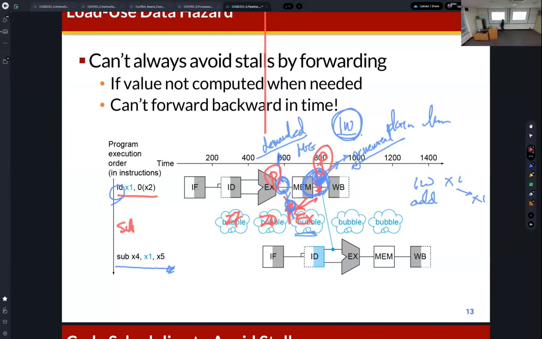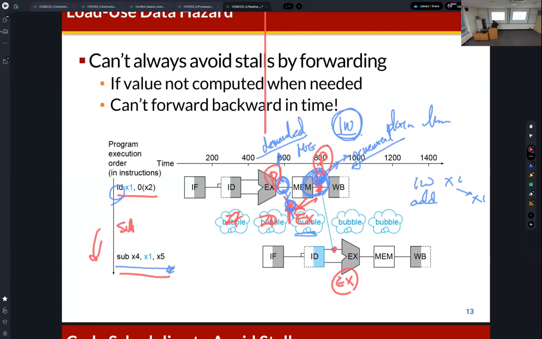So in this case, the next instruction needs to be delayed by 1 clock. If the next instruction is delayed, then the execution stage of the sub instruction is here.